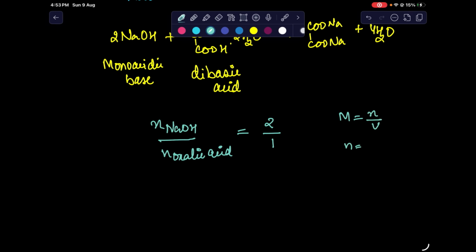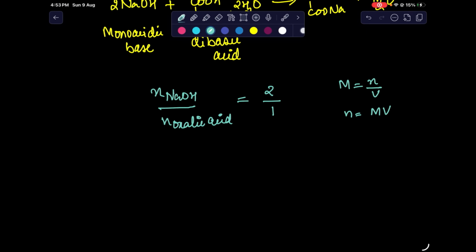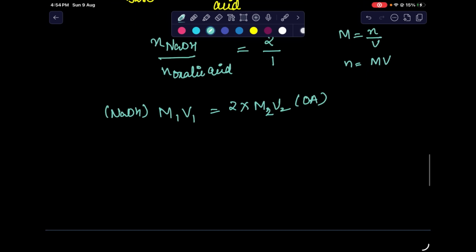So that means number of moles will be equal to molarity into volume. So in place of number of moles of NaOH, I can write M1V1. 1 is the subscript I am using for NaOH, and then 2 into M2V2. 2 subscript I am using for oxalic acid, right? So now I know that if I take this proportion, the chemical reaction will happen.